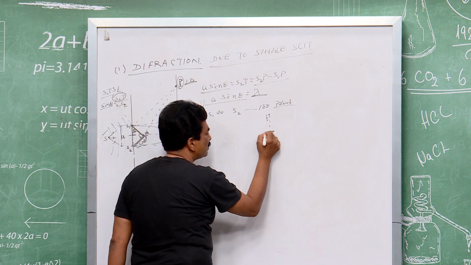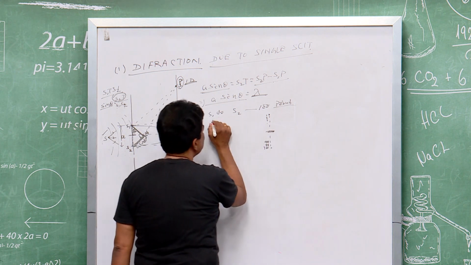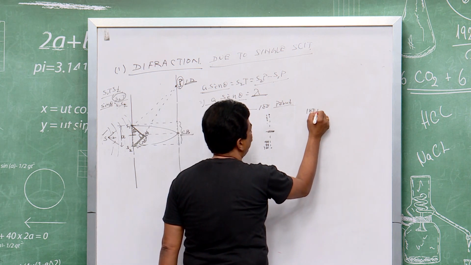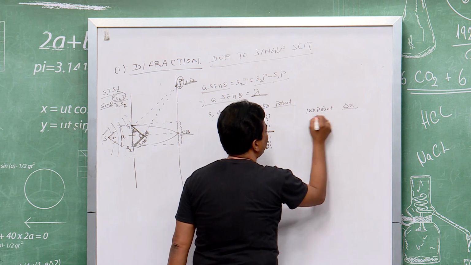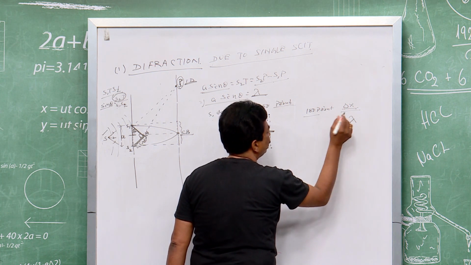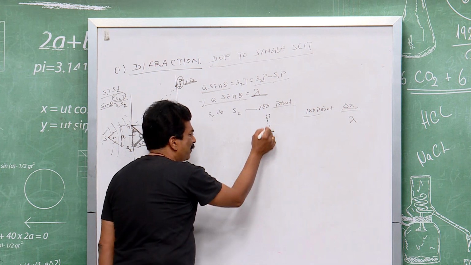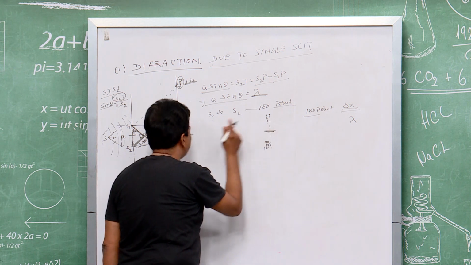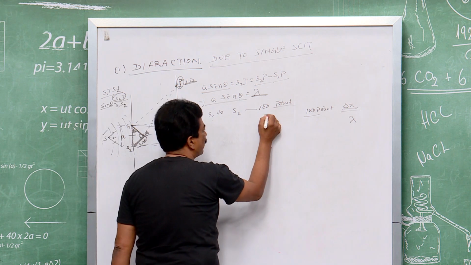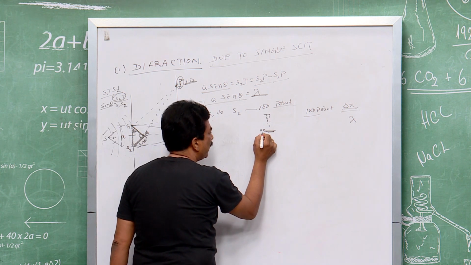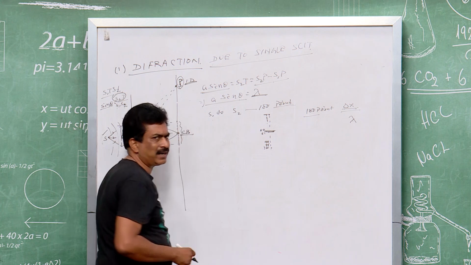Suppose you take the middle portion. From the 100 points, the delta x we have taken is equal to lambda. That lambda is divided into 2 parts. Suppose you take it as 2 portions: from 1 to 50, and next from 51 to 100.